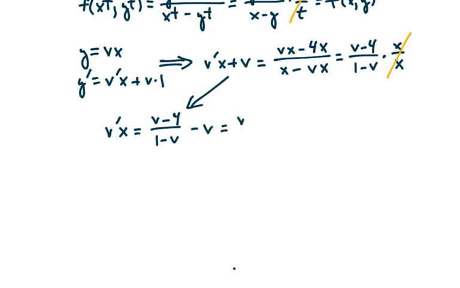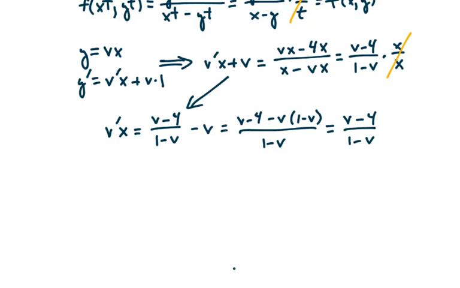So this is going to be v minus 4 minus v times 1 minus v, all over 1 minus v. If I continue to simplify, I'm going to get v minus 4 minus v, so those two v's are going to cancel out, minus v times a minus v, so that's going to be plus v. On bottom, I have 1 minus v.